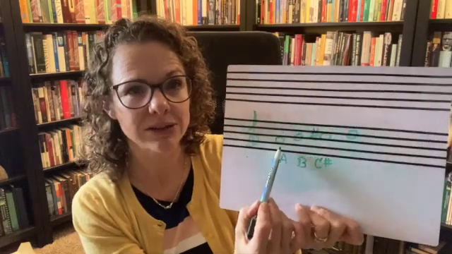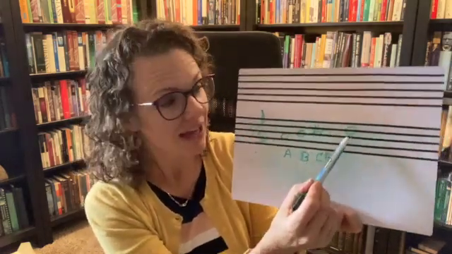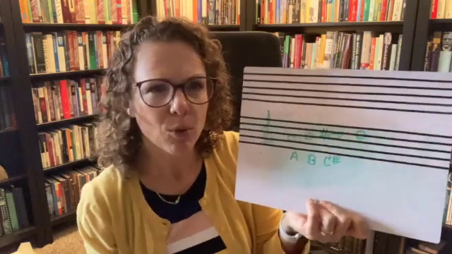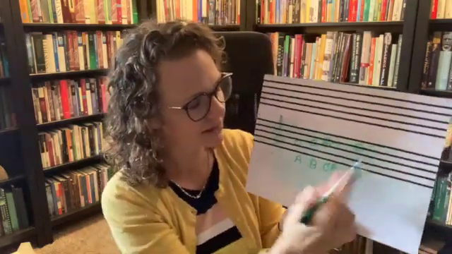And notice it goes space, line, step up to the next space, and now we're at the next line. Which line is this? Let's count from the bottom to figure out what line D is on. 1, 2, 3, 4. D is on line 4. Remember, you always have to count up from the bottom. We go up. Okay, so that's D.